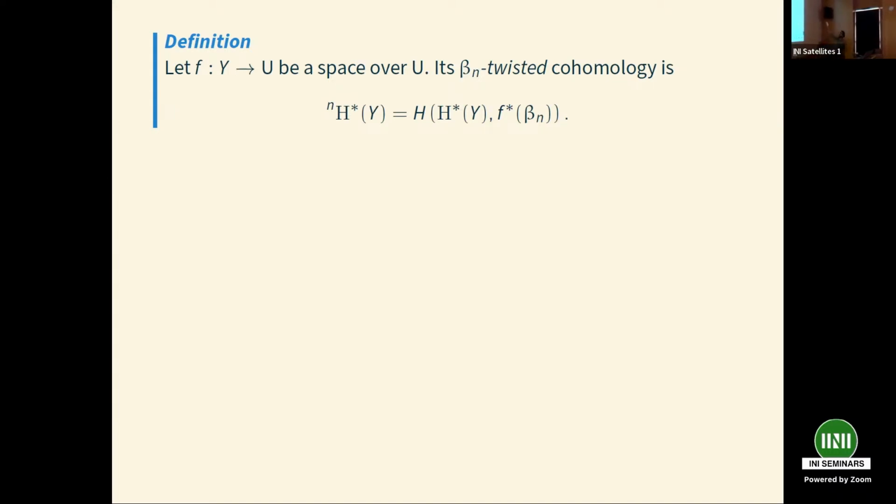You can define the E beta n twisted cohomology of a space over U as precisely the cohomology of Y, then you take homology with respect to this new differential beta n. I'm not claiming that this satisfies any generalized cohomology theory, but it is a family of cohomology theories defined on any possible space over U, in a functorial way with respect to maps over U.